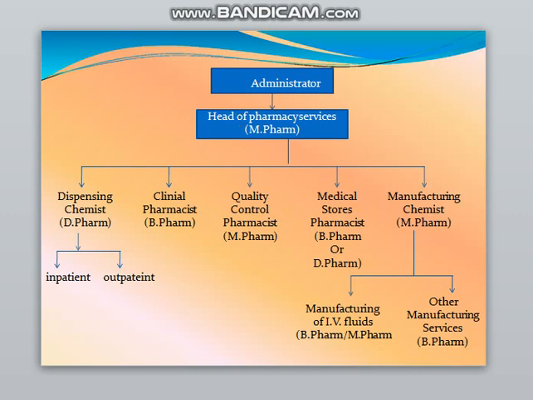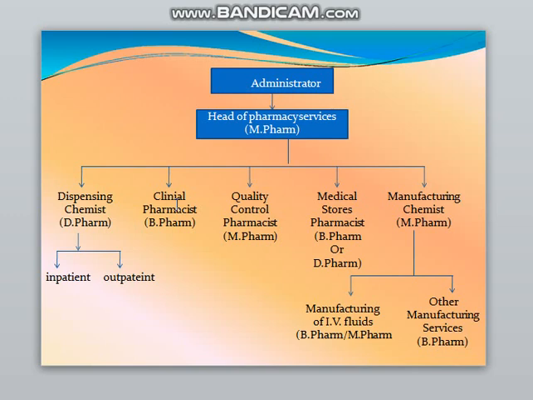It is basically divided into 9 parts. First is the dispensing chemist, who can be a B Pharm assisted by a D Pharm, for inpatient dispensing or outpatient dispensing. Next is the clinical pharmacist, who can be a PharmD, an M.Pharm or a B Pharm with higher experience. Next is the quality control pharmacist: an M.Pharm assisted by a B Pharm.